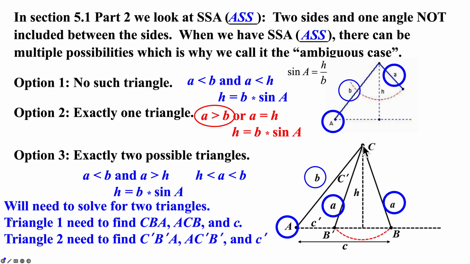C prime is up here, but I put it inside this tiny little angle here. So now you've got to find that small tiny angle, this B prime angle here, and C prime, this short little segment here.